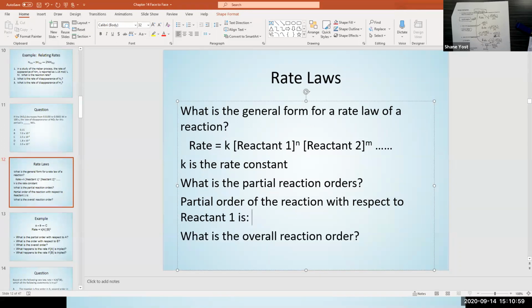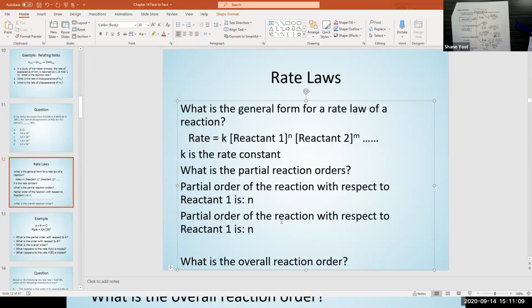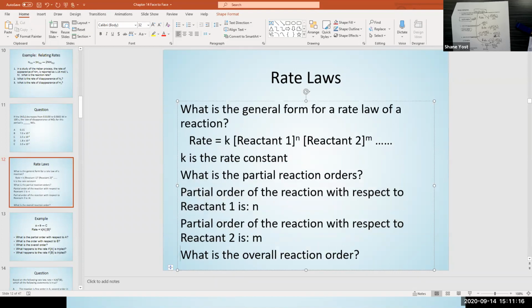N. It is its power in the rate law. So if I did the same thing for reactant 2, it will be M, and so on and so forth.